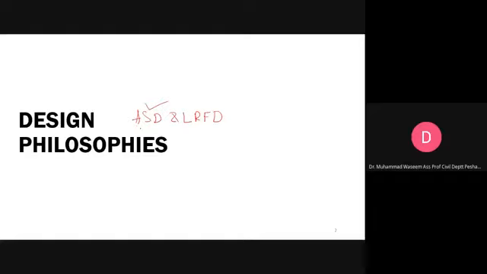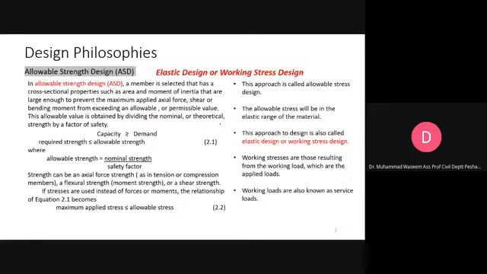We will use these two design philosophies for design or analysis of our steel members. They are known as allowable stress or allowable strength design, and load and resistance factor design. But first we will talk about the ASD design philosophy, the allowable strength design procedure.